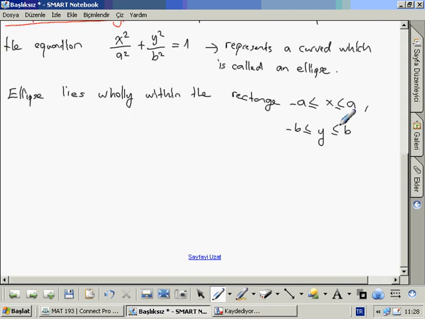And if a equals b, the ellipse is just a circle of radius a centered at the origin. Don't forget it. And if a is not equal to b, the ellipse is a circle that has been squashed by scaling it by different amounts in the two coordinate directions.